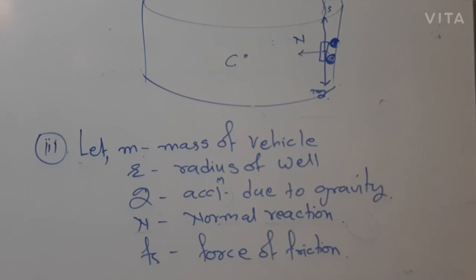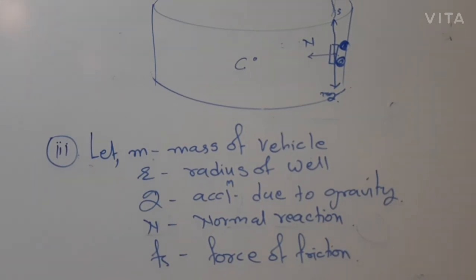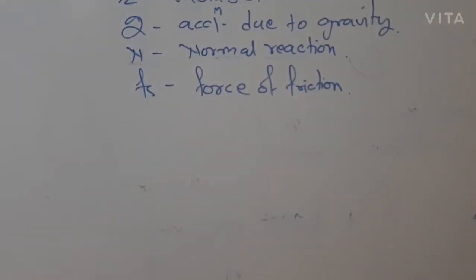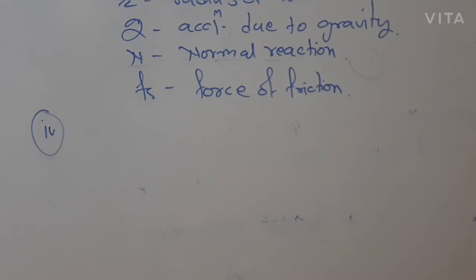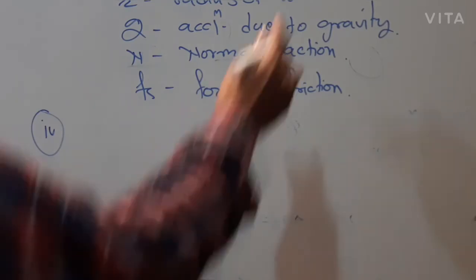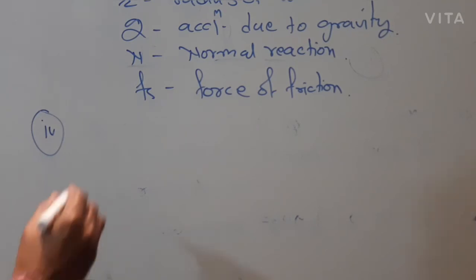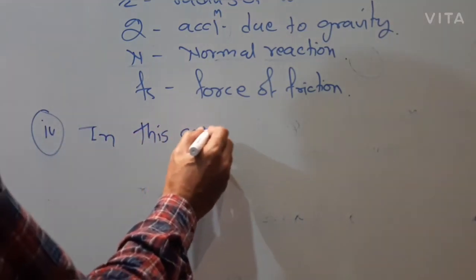And then our main point, which is point 4, the mathematical expression. Now in this case, the required centripetal force for the circular motion of the vehicle is provided by the normal reaction as shown in figure.